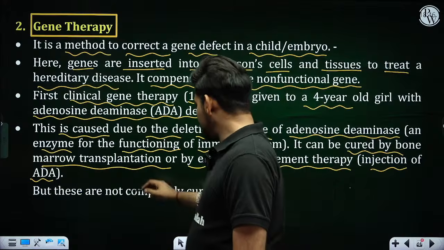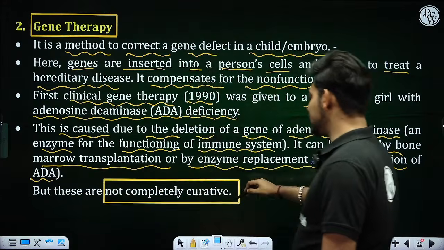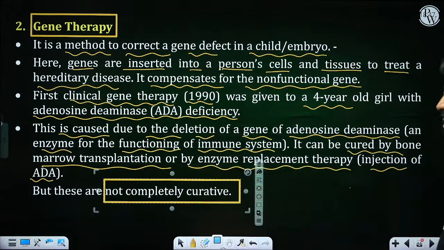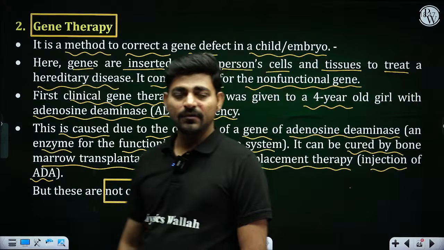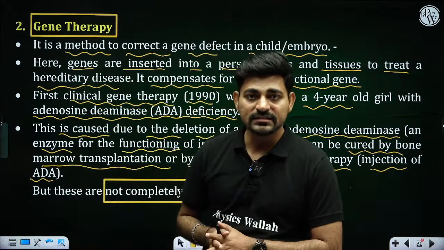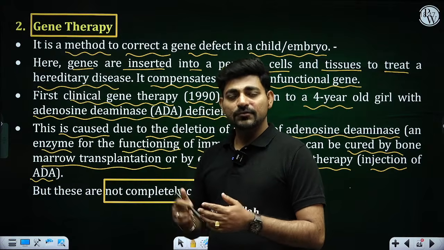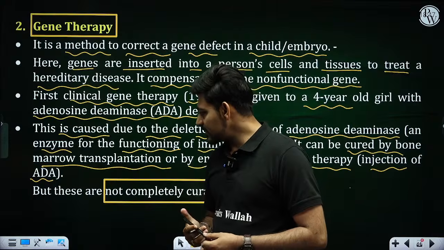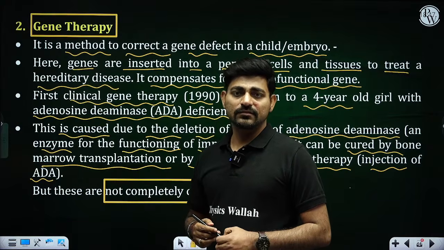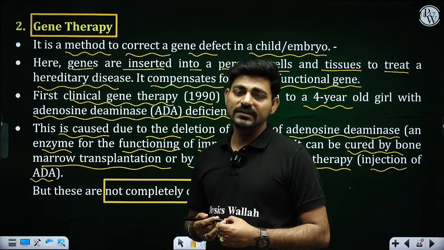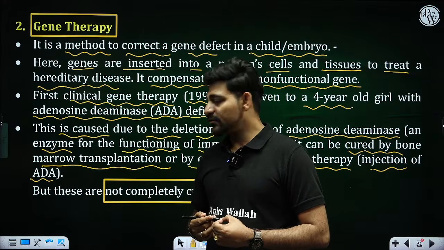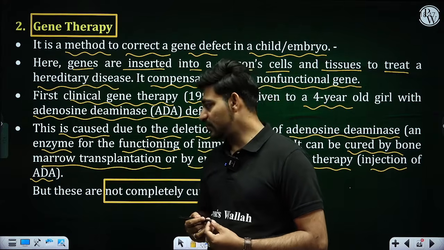But neither process is completely curative. If you transplant the bone marrow, again within a few months you will be facing that disease. If you inject the adenosine deaminase enzyme, there is very low probability that it will act properly in your body.